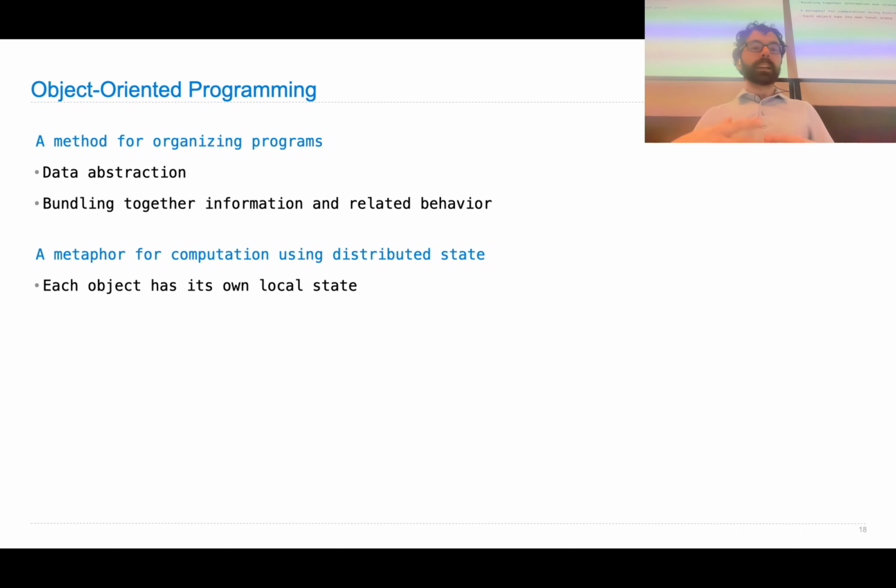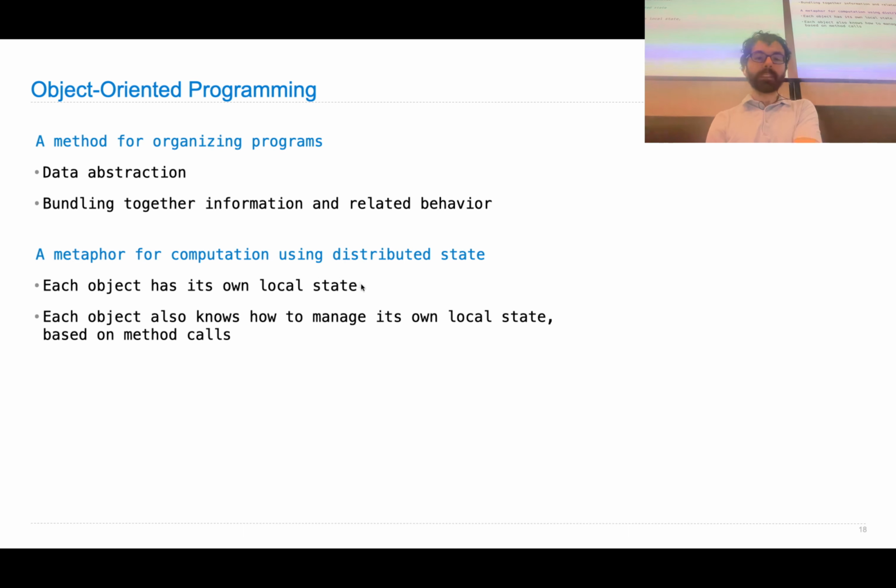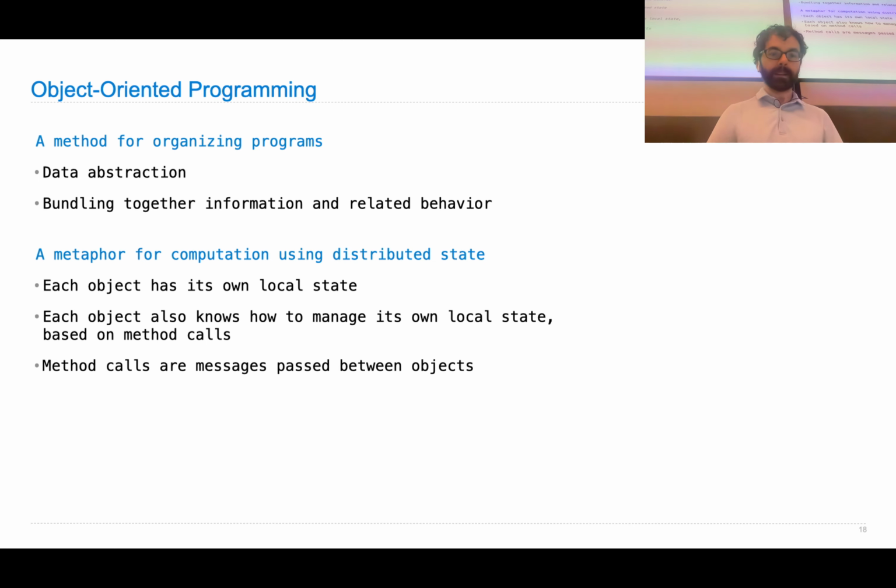It's also a way to think about distributed state. You have different coin combinations in different machines at different times, and every one of the objects has its own local state, and every object knows how to manage its own local state, like how to add coins or remove coins, and it's going to use method calls to get the information that you want from the object or to modify it in some way.